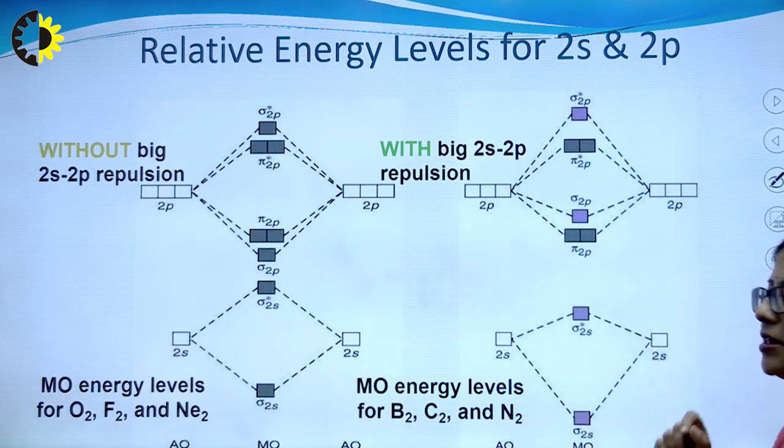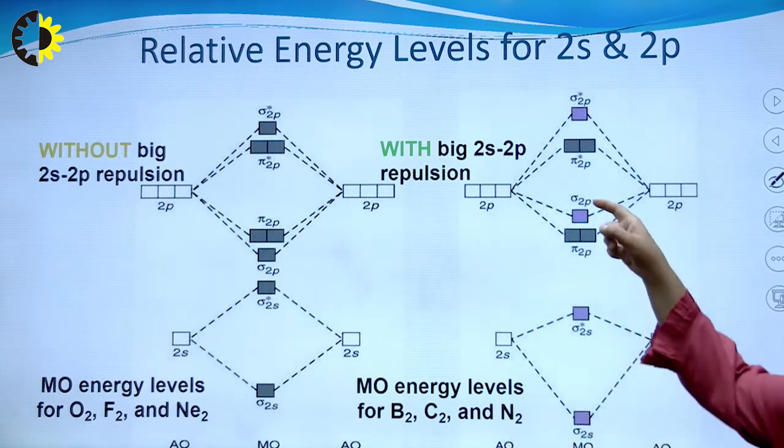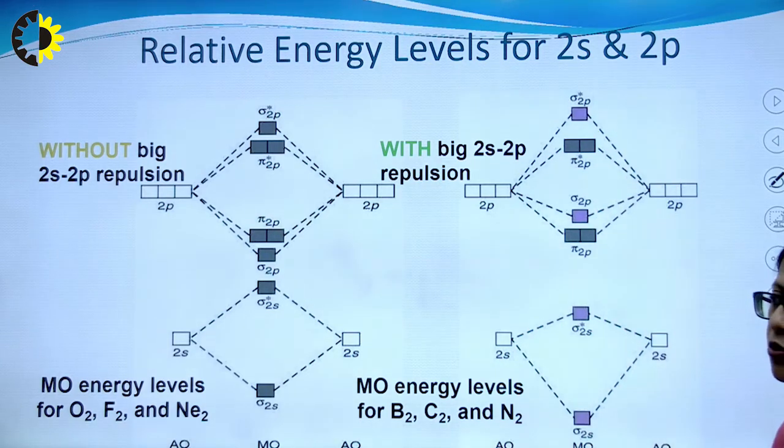Again, it leads to the stabilization of sigma star 2s and destabilization of sigma star 2p. So, as the energy of sigma 2p increases, this pi 2p becomes lower in energy.